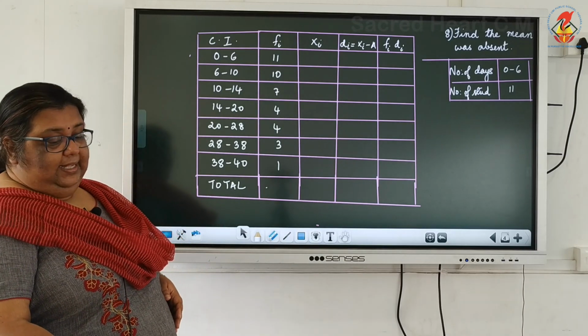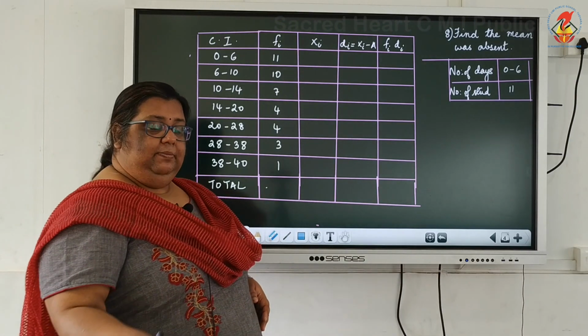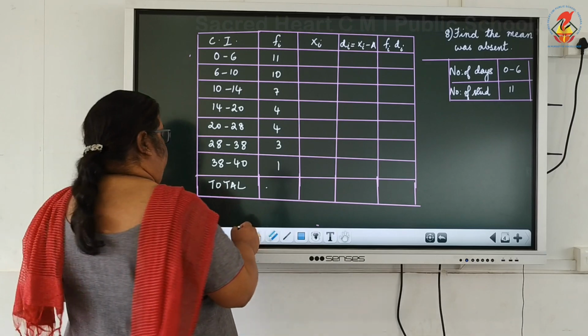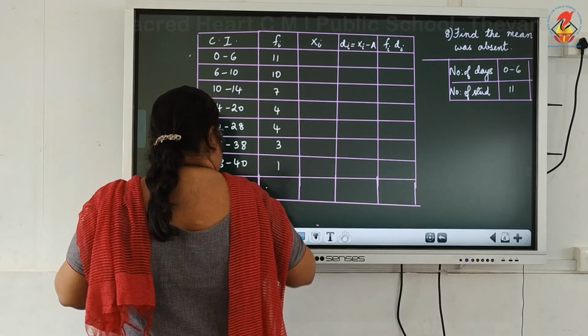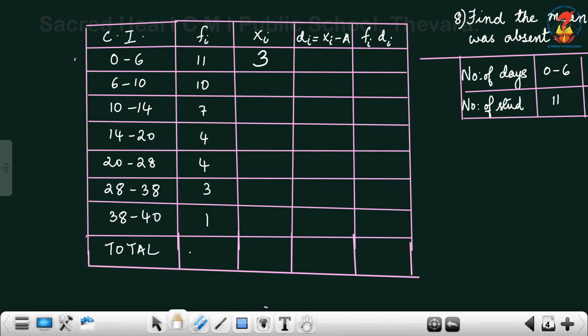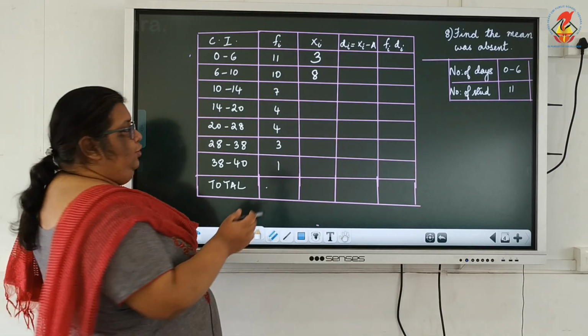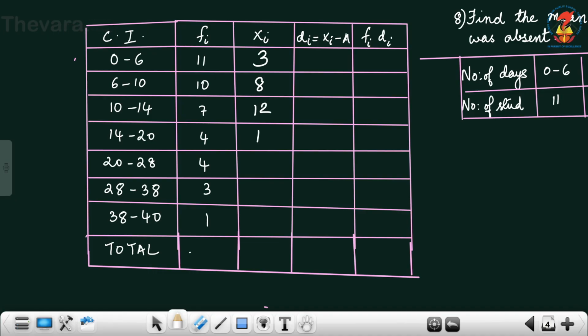So here our xi will be 0 plus 6 by 2, which is equal to 3. Then 6 plus 10, 16 by 2, 8. 10 plus 14, 24 by 2, 12.